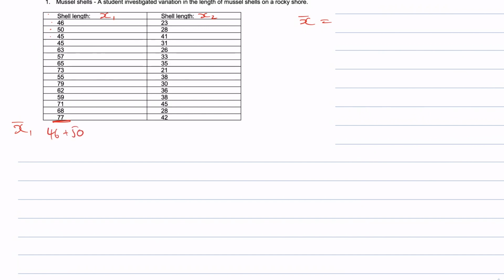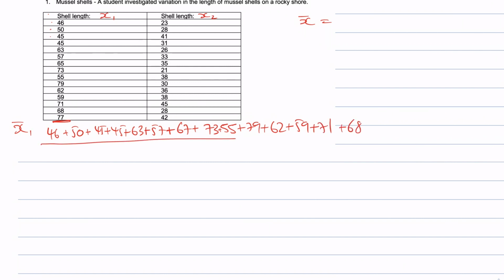46 plus 50 plus 45 plus 45 plus 63 plus 57 plus 65 plus 73 plus 55 plus 79 plus 62 plus 59 plus 71 plus 68, all divided by the number of values that we have. 1, 2, 3, 4, 5, 6, 7, 8, 9, 10, 11, 12, 13, 14, 15, divided by 15.